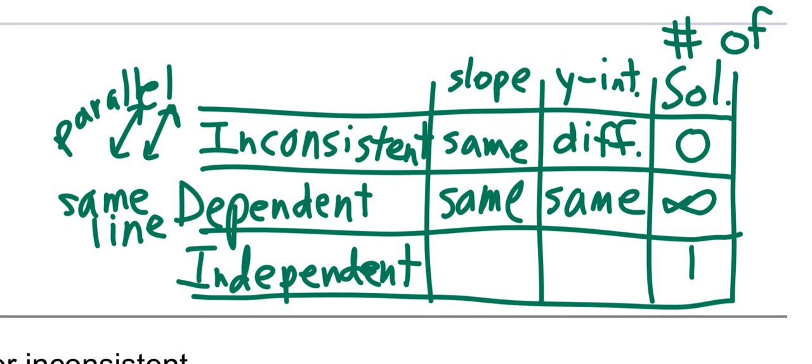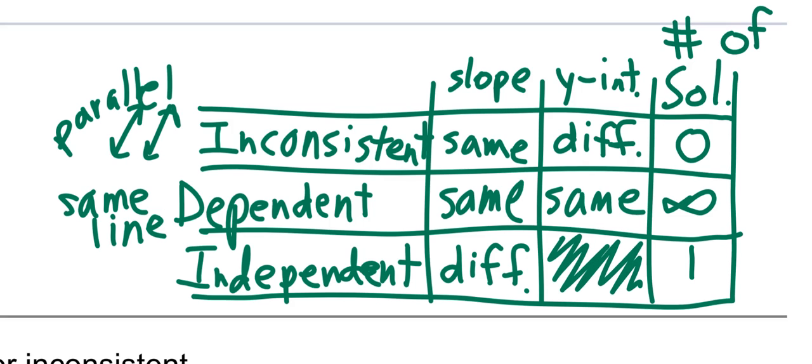Well, if they cross one time, what do you know about their slopes? Same or different? They are different. Now, I am going to cross off this last box. I'm going to just squiggle it out. And I want you to understand why.